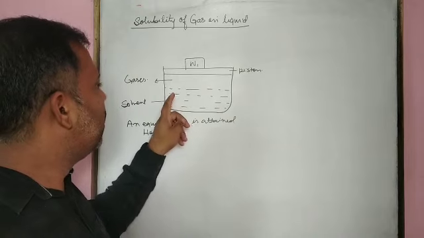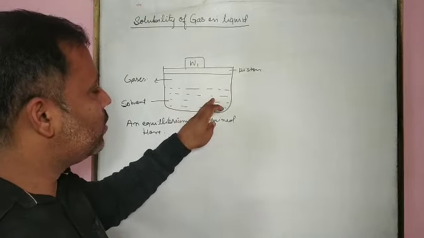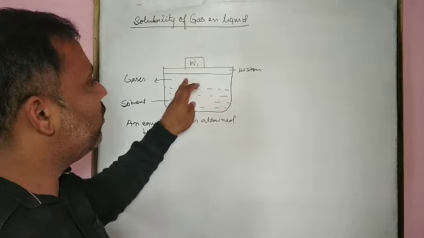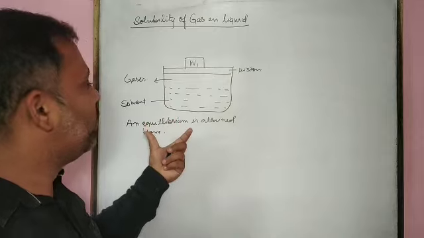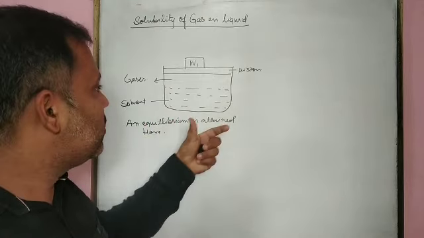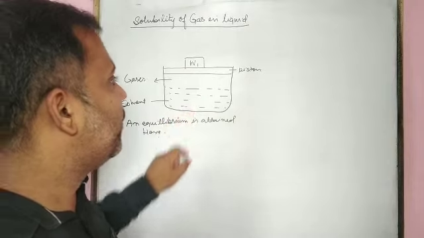Some of the gases will dissolve and some of the gases will escape out. Due to this, an equilibrium is attained here. Let us know the change which is produced by changing the pressure.